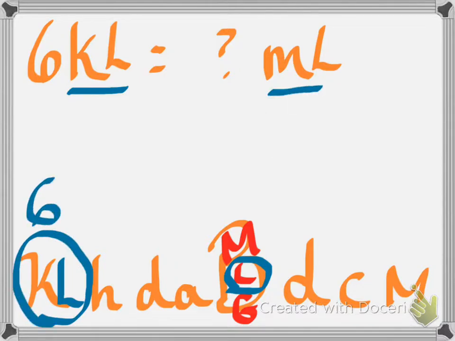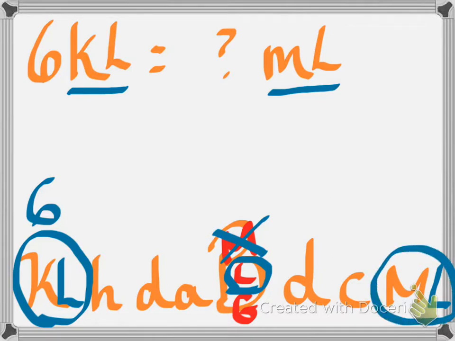Now we are looking for milliliters, which everything is liters. Which would make it milliliters? The M over here. Not to this guy. He stands for meters. We're looking for milliliters. So we circle that.